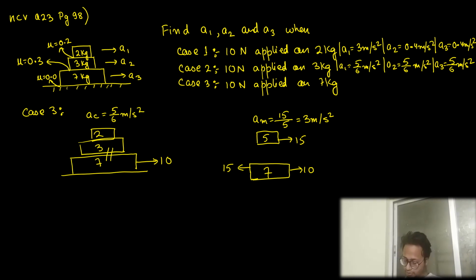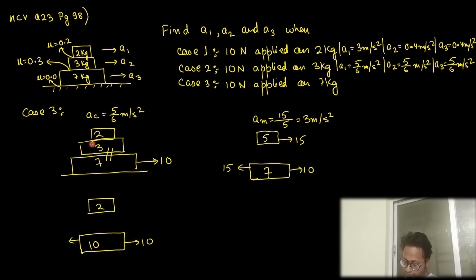Now for this surface, I have to take the 2 kg block and 10 kg block. They are now both moving with common acceleration. The force on the 10 kg block is 10 and the force on the 2 kg block is 10.